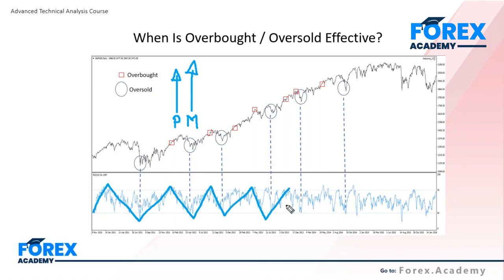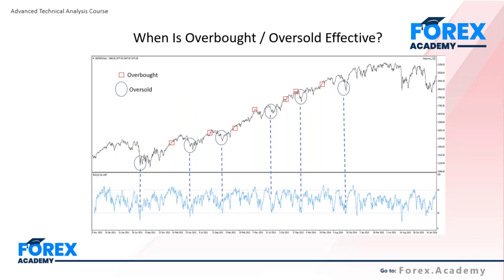What we've illustrated on this particular chart are a number of instances where the relative strength index is below 30%. In other words, it's oversold. You can see in each instance, the market very soon after having arrived at oversold territory begins to once again establish the uptrend.